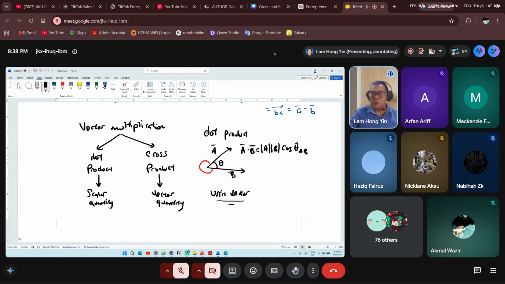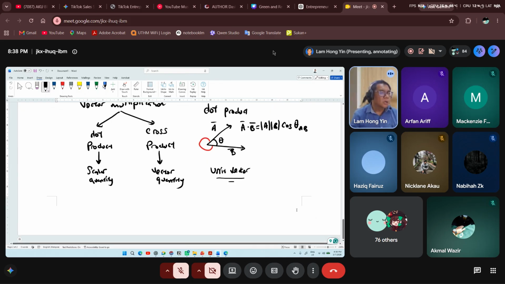Remember this for the dot product: the unit vector ax, on the x-axis, when you dot it with another axis unit vector, you will always have 0.